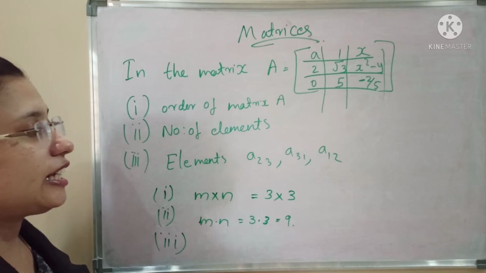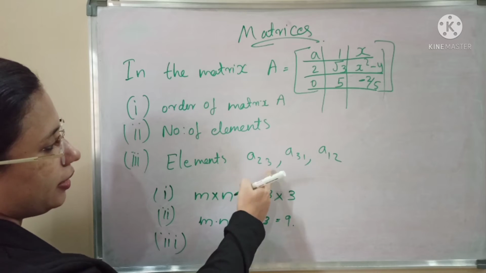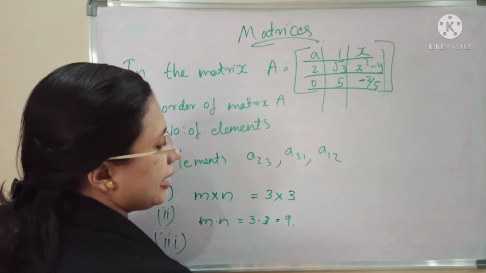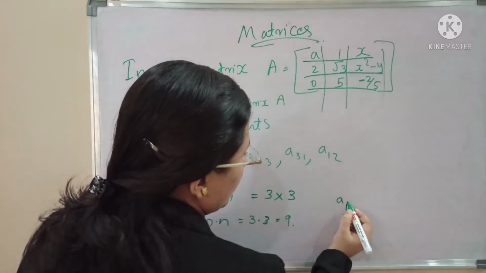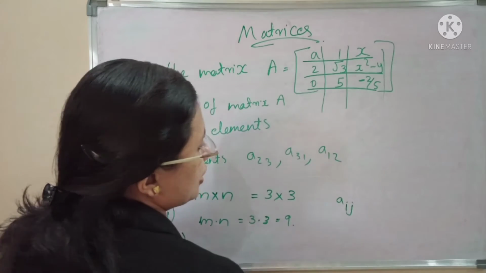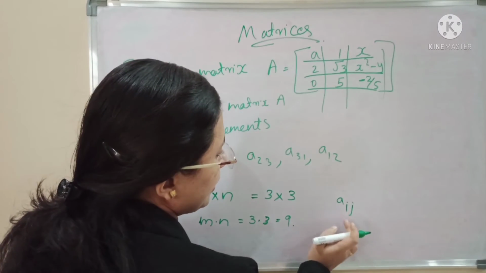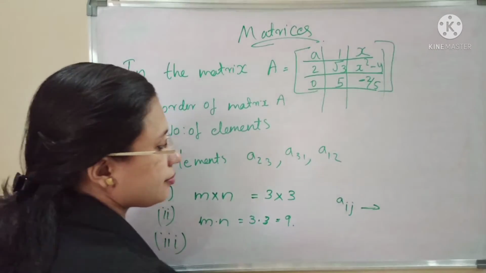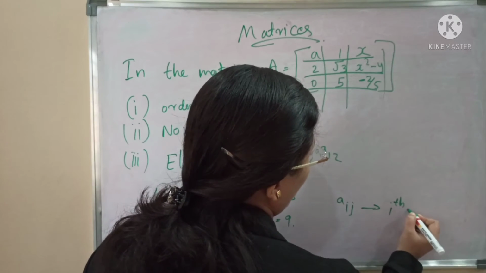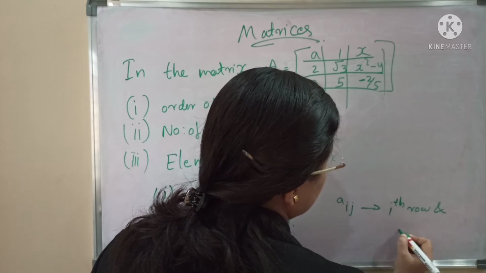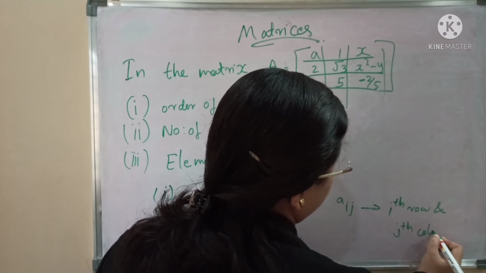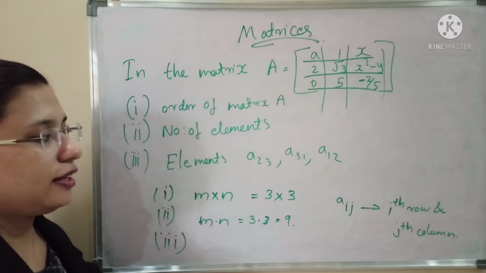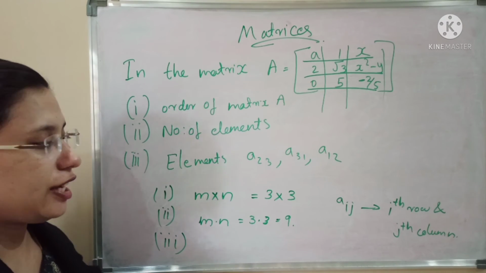Now the third question: elements a23, a31, a12. How to find the element? You can just note down that element aij means the element lies in the ith row and jth column.